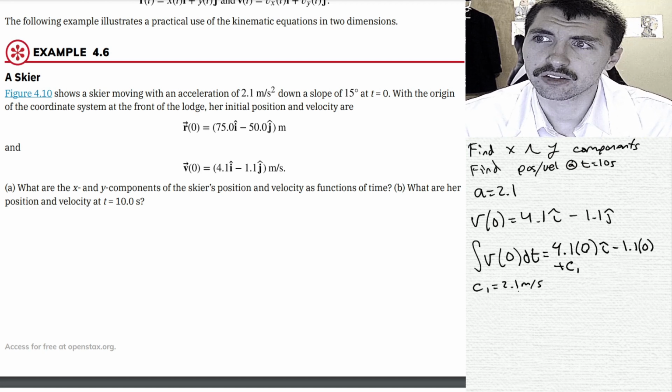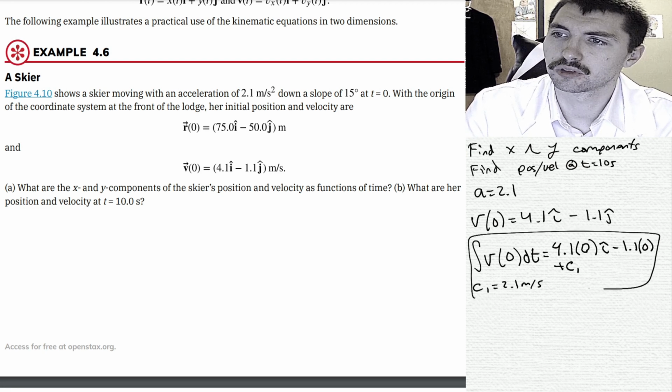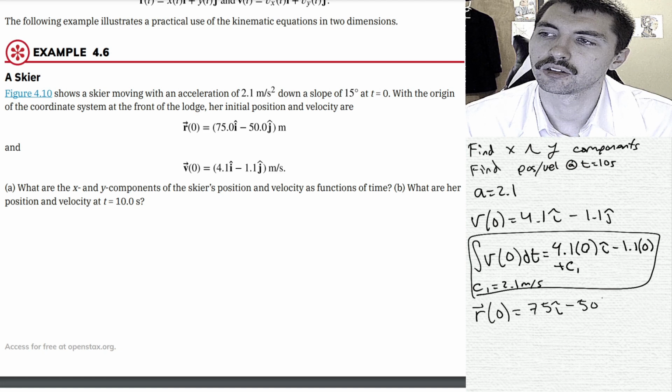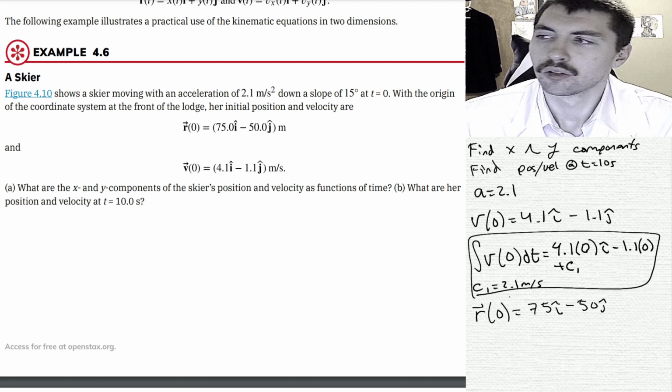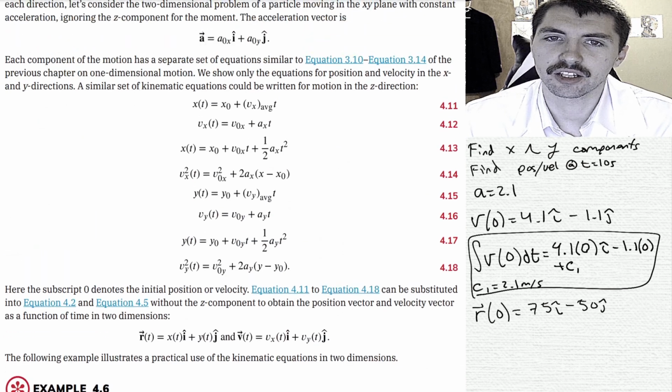So we want to find x and y components. We know r of 0 is 50j. Okay, so xy components. Can I get the xy components from this?